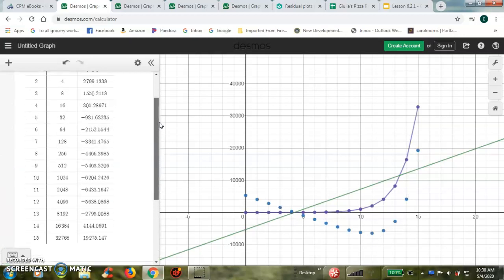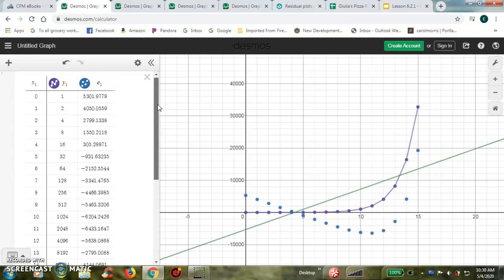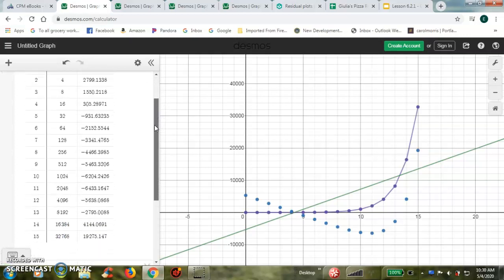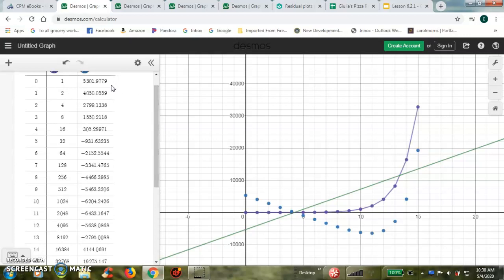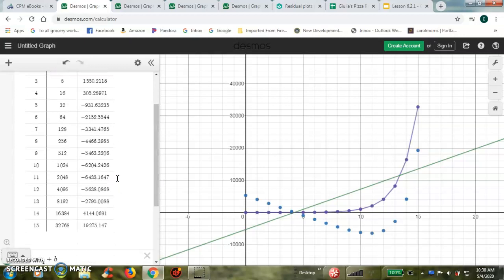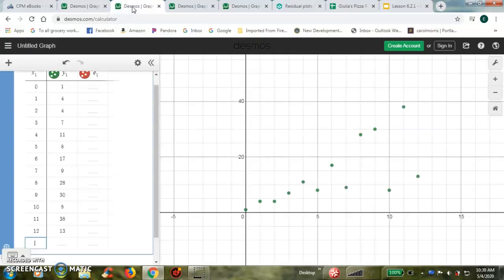By the way, you can see the residuals have showed up, and you can also see a pattern: above the line, below, below, below, below, and then back above. That creates this curve. So not a good line. If the residual plot makes some sort of curve, it's not a good line of fit.